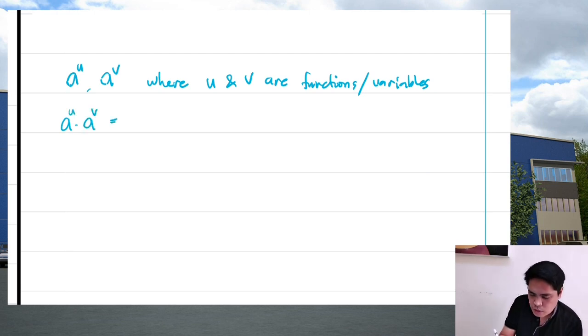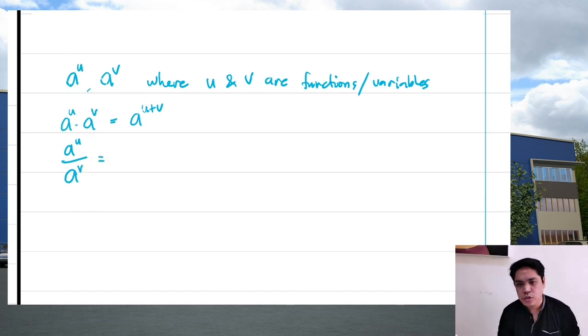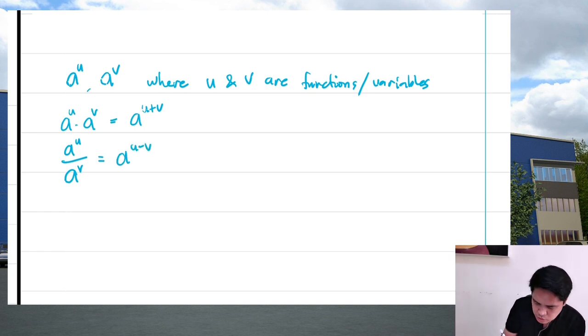Okay? Now, if you recall the properties of exponent, if we have to multiply exponential expressions of the same base, pag parehong base nila, we need to add the exponents. How about if we divide two exponential functions with the same base, we just subtract the exponents. So, we're familiar with that. And if we raise this to v, that would be a raised to uv.